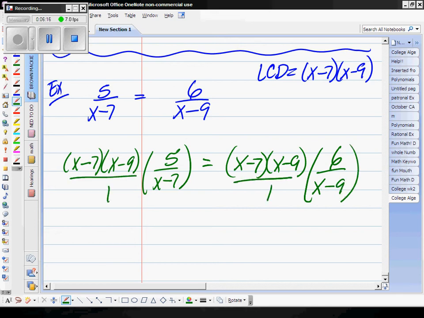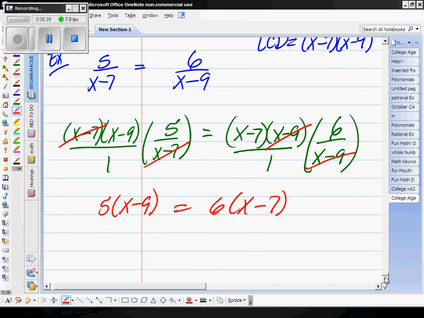So we look and see what we can cancel out. So x minus 7 cancels out. And now that leaves me with 5 times x minus 9. Then my x minus 9s here cancel out, right? And now that leaves me with 6 times x minus 7.